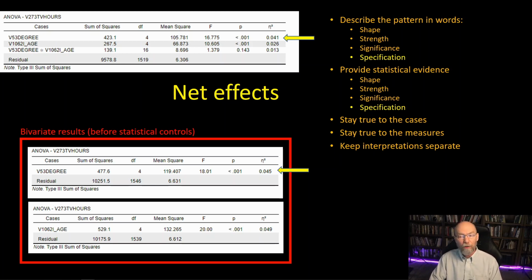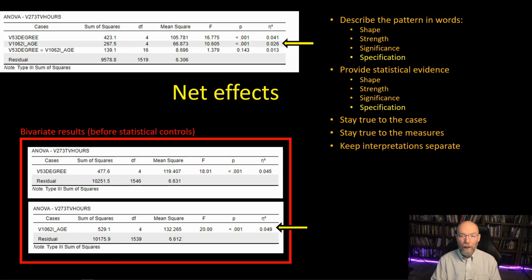All right, so there is a trend in that degree is related to television watching, and so we reject the null. But now notice, after we take away the effects for age, the degree number goes from 0.045 to 0.041. Oh, okay. So it's a little smaller, but not much. Basically, there's no change. Degree still matters just as much for predicting television watching behavior after taking away the effects of age as it mattered before.